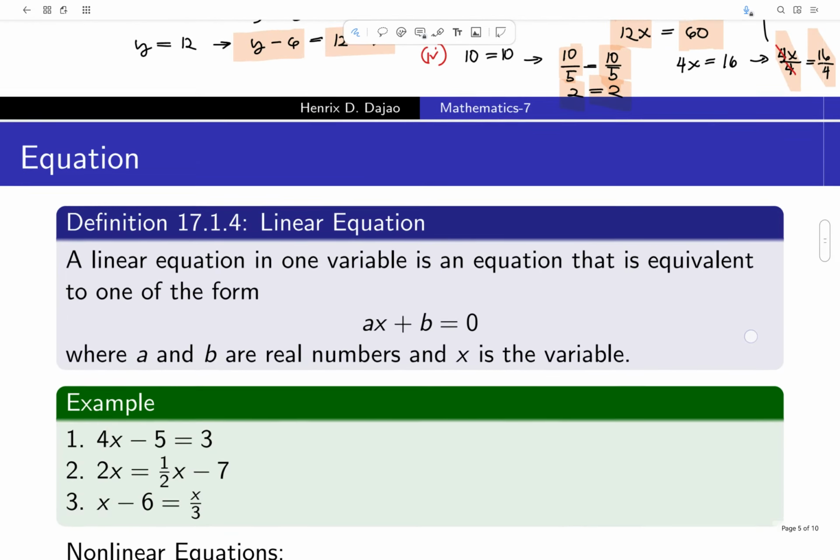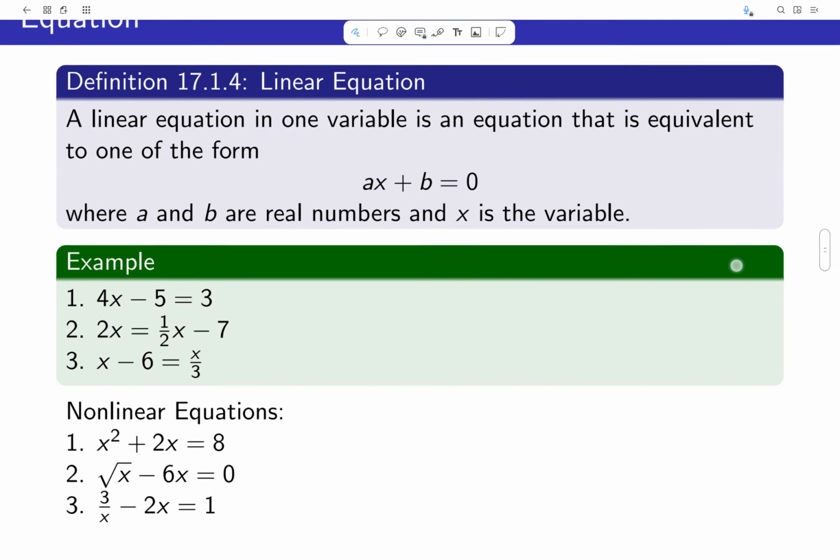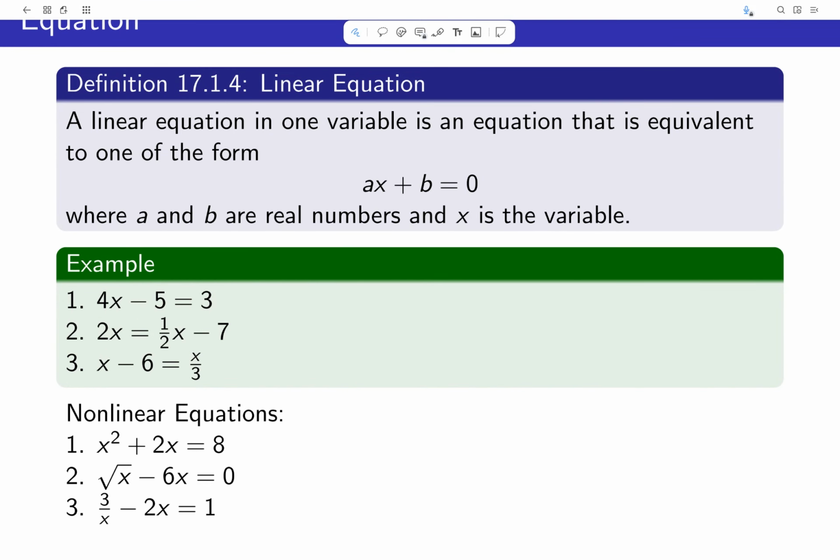Now, before we do that, let's proceed to another concept, which is called the linear equation. In this lesson, we will only deal with the so-called linear equation. We will not deal with more sophisticated types of equation. A linear equation is a very simple type of equation.